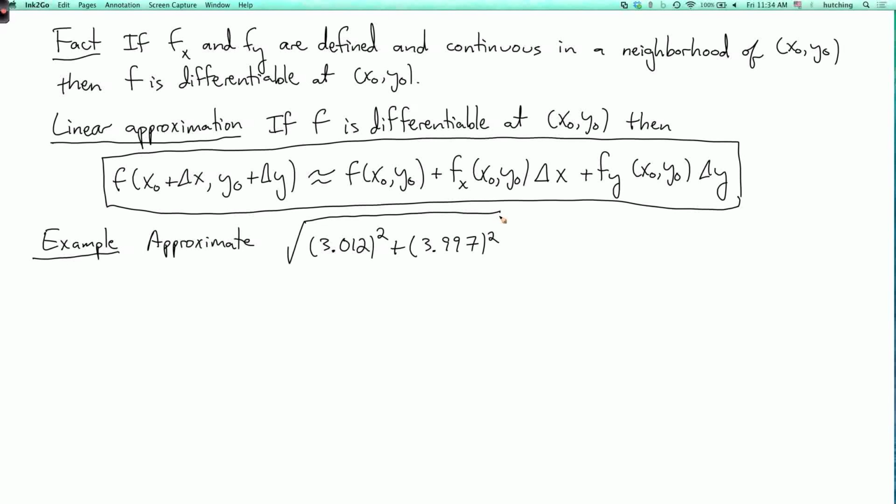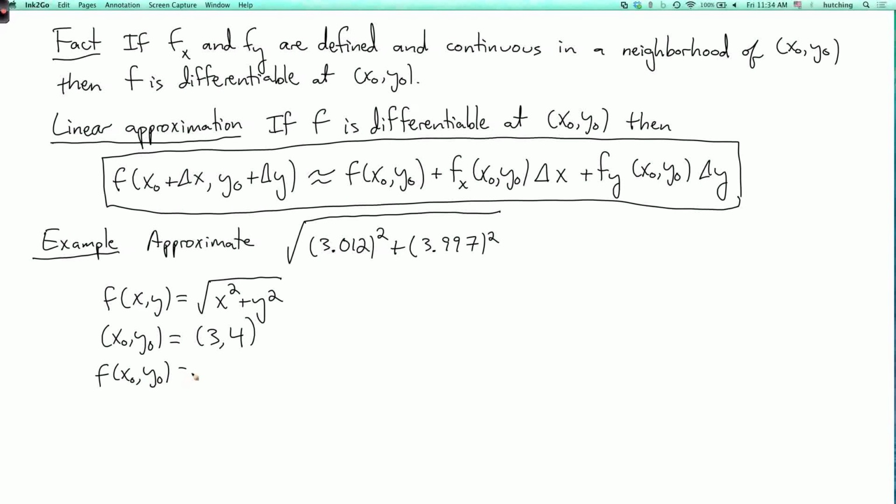Okay, so let's let f of x, y equal the square root of x squared plus y squared. And let's let x0, y0 be the point 3, 4. And then we know that f of x0, y0 equals 5.